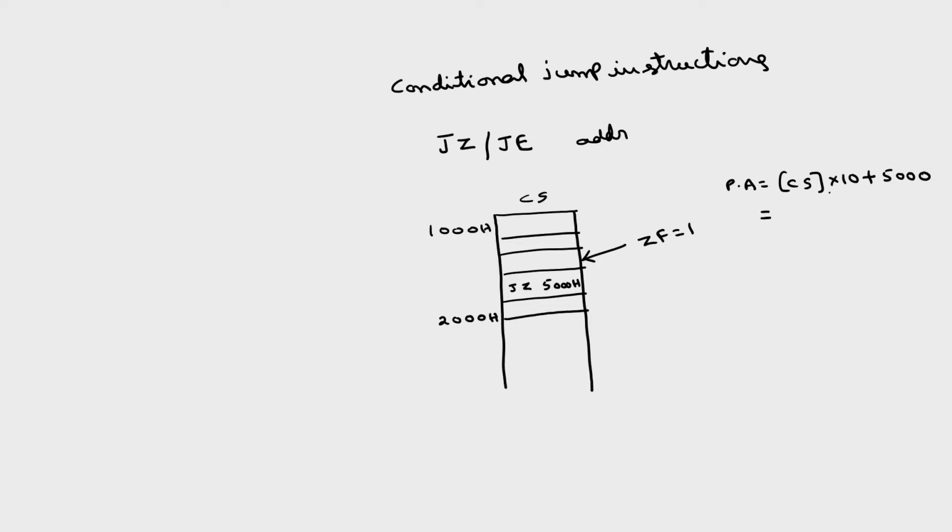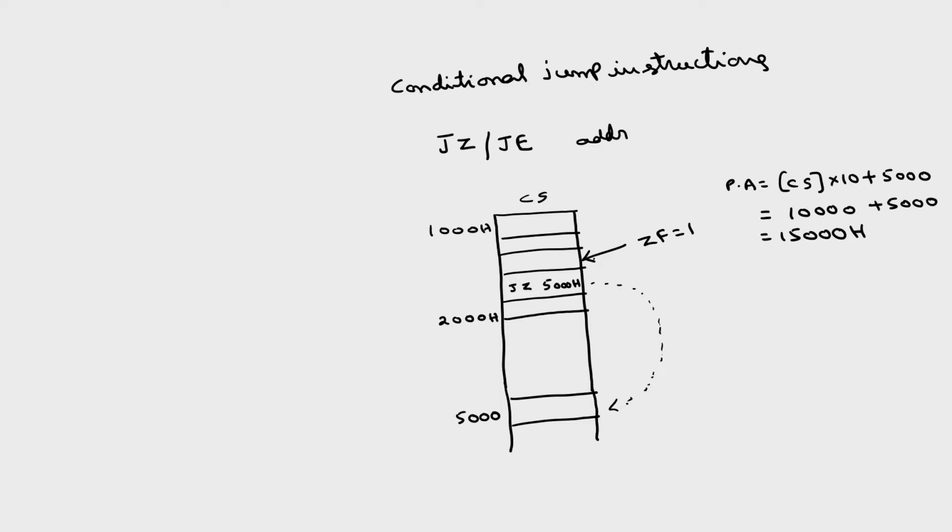This is equal to 10000 plus 5000, which is equal to 15000 H. So the microprocessor control goes from here to the location 5000 H.